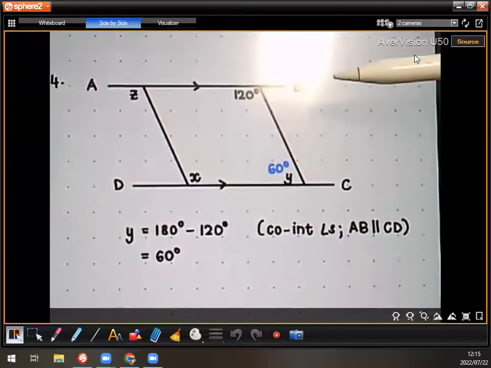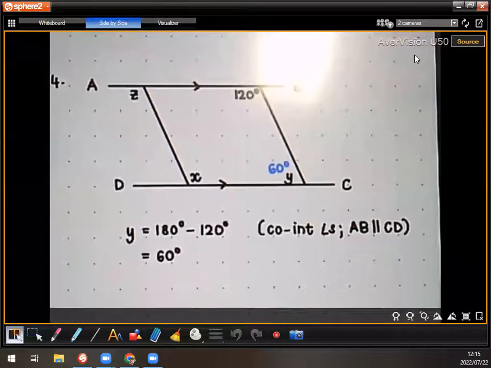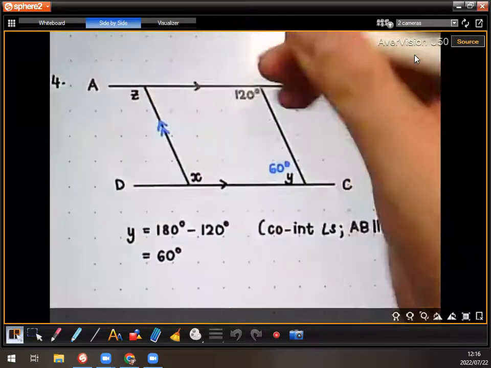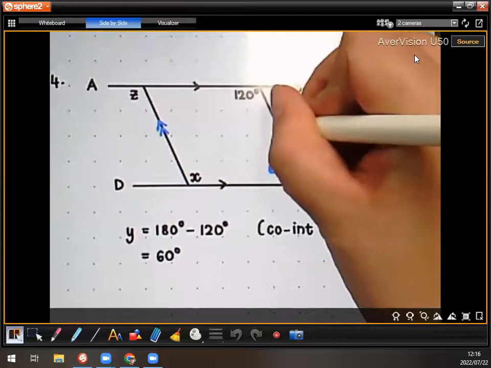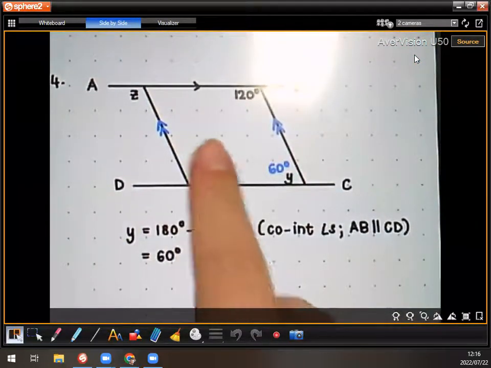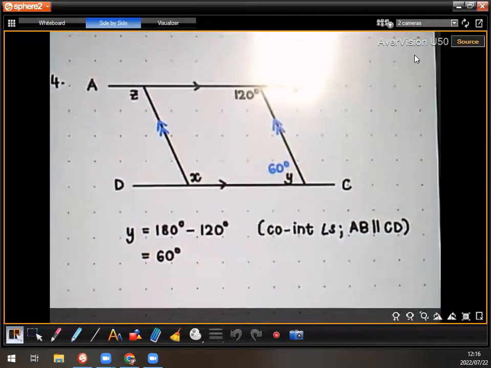Now, I think that was a mistake on the textbook's part, right? Because I even checked at the back of the book, they also got 120 and 120 for X and Z. But in order to actually do that, guys, we do need to know that these two lines are parallel. So if you have a textbook with this picture in, please put in arrows to show that those lines are parallel.